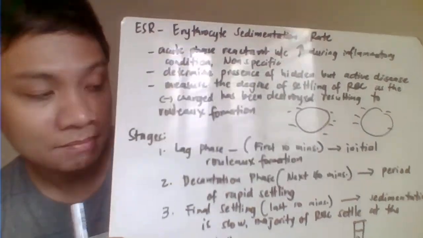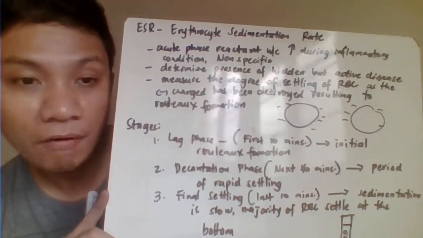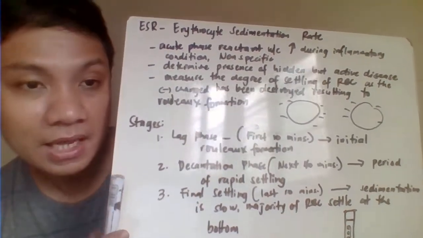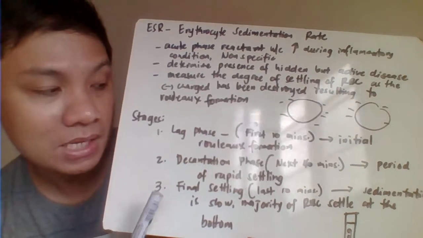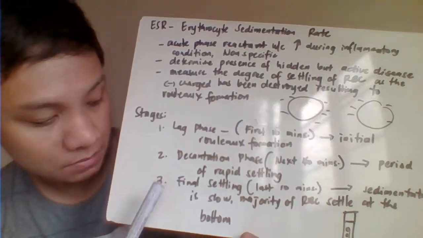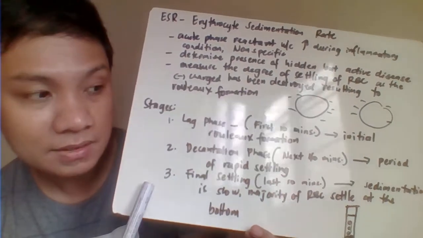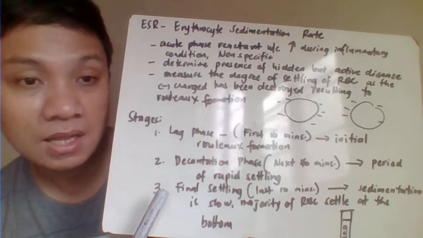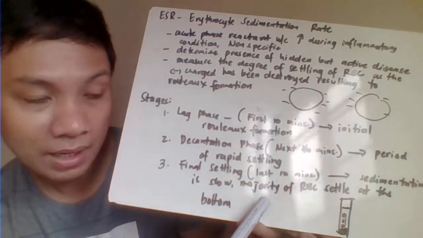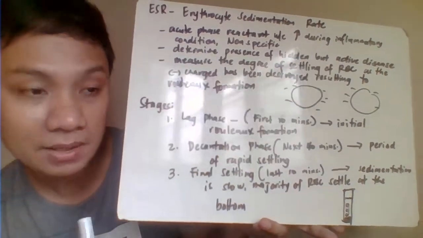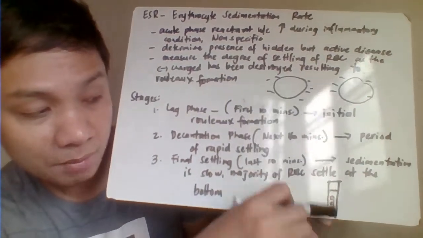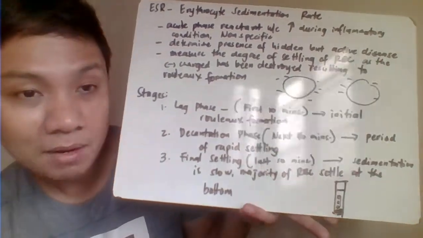Pag hindi sila nag-form ng rouleau formation, they will not be able to settle. The next one, the decantation phase, is the next 40 minutes, the period of rapid settling. And the last 10 minutes is the period of final settling, where the majority of the RBCs are already at the bottom, making this a slower settling process. Since nandito na sila sa baba, medyo slow na, kasi wala naman silang pupuntahang iba.